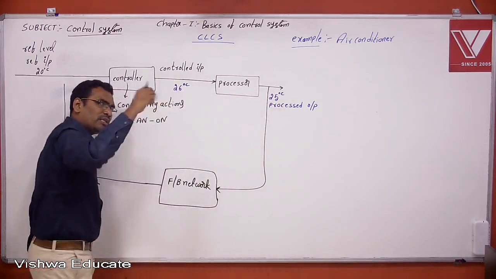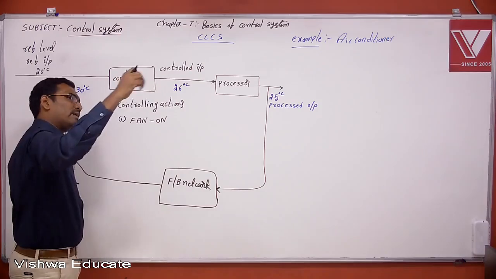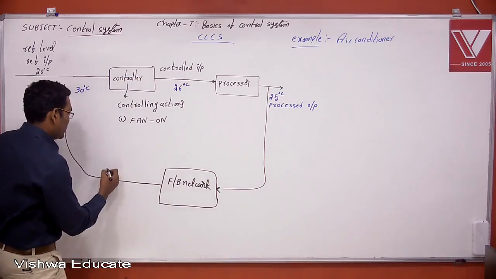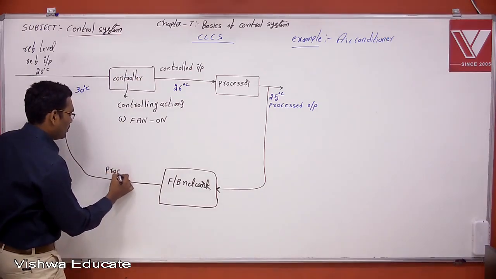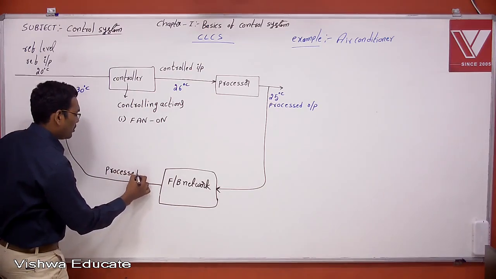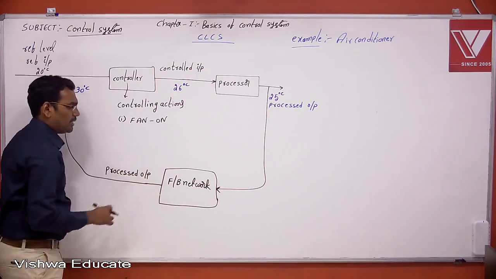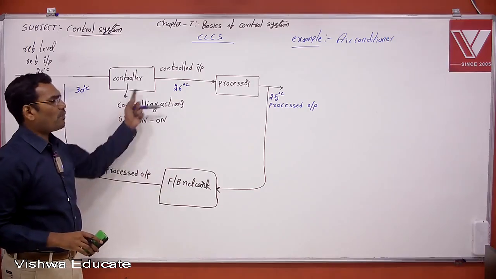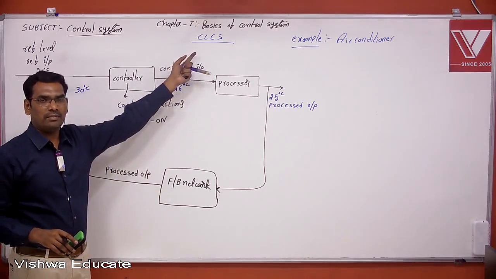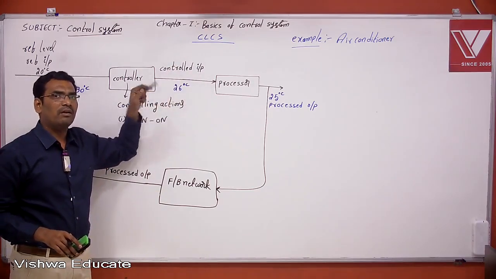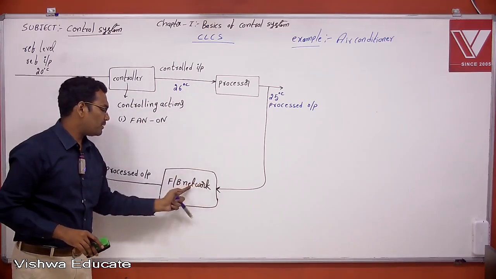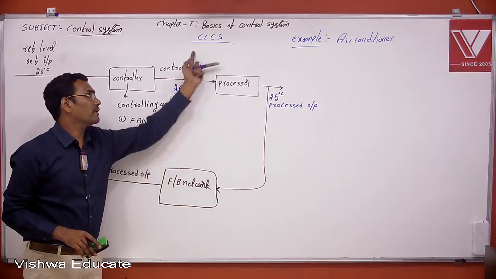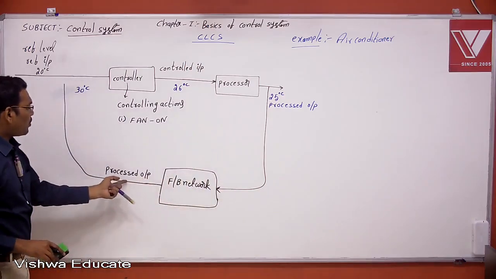It is continuously sensing 30 degrees, 25 degrees, 24 degrees, like that. What is the job of the feedback network? The feedback network is the property of this closed loop control system. This is a closed loop control system, or not? We will see the definition.